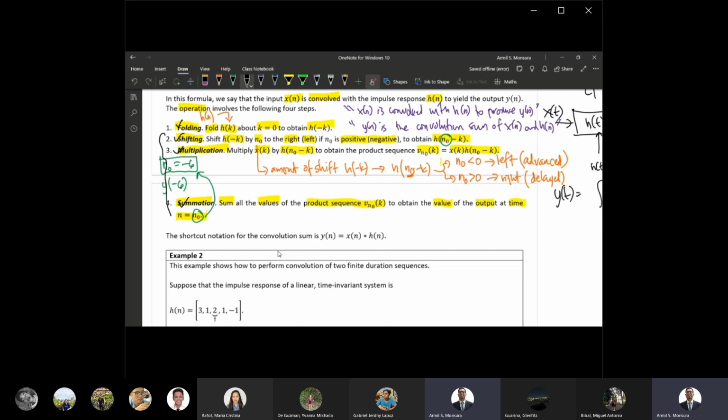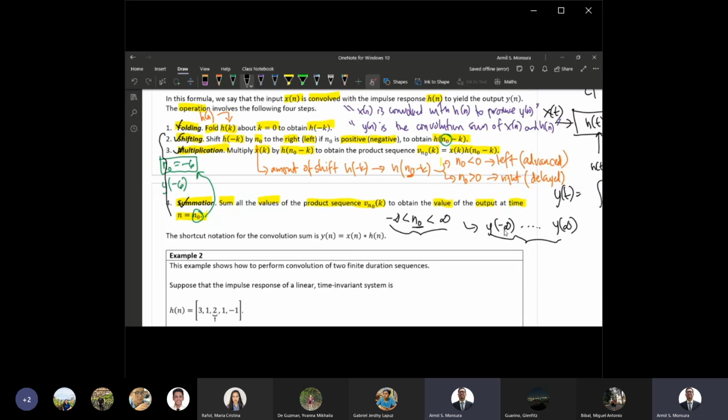You would have to have the shift range from negative infinity to positive infinity, which means you are also computing the value of y from negative infinity up to positive infinity. And this applies to infinite length signals. Actually, this applies to all.